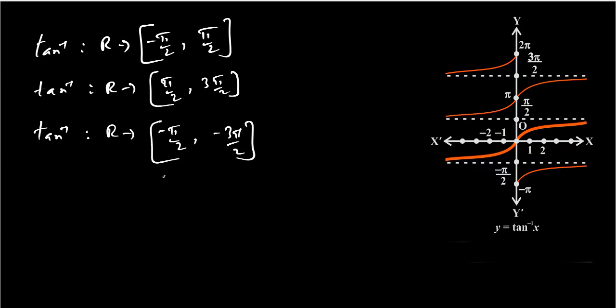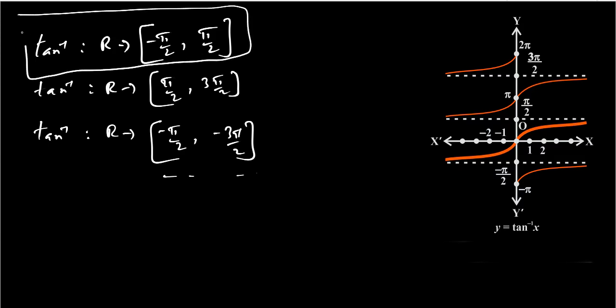So it will go on the positive as well as the negative side. We will get an infinite number of different branches along the whole y-axis. So this is our tan inverse function, and this is called the principal value branch of tan inverse.